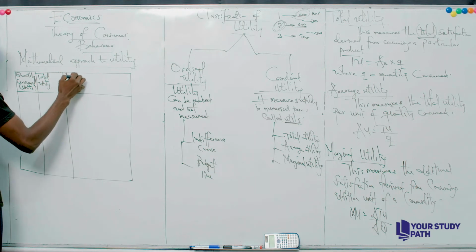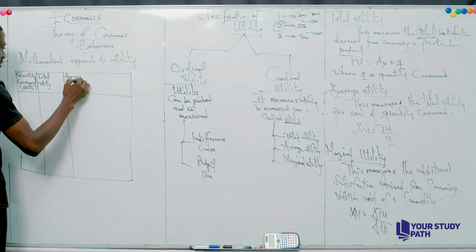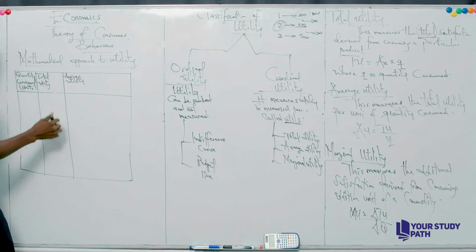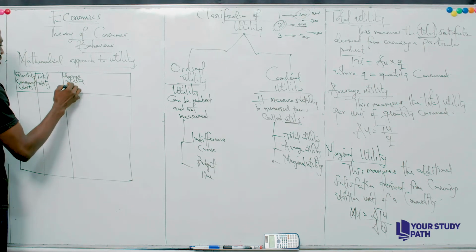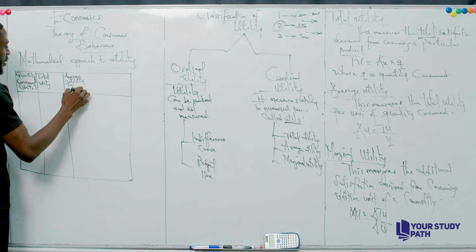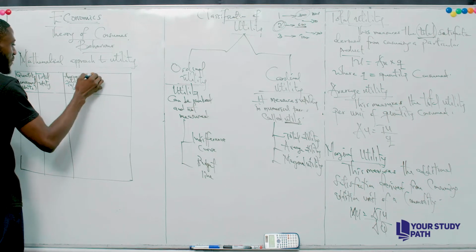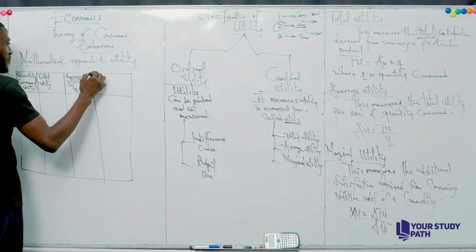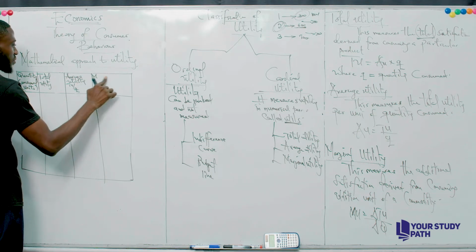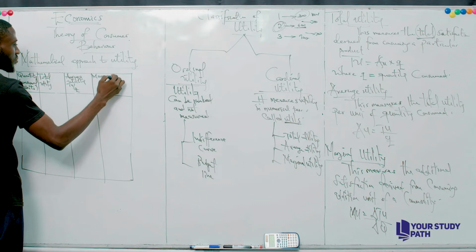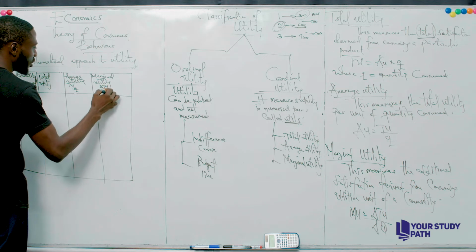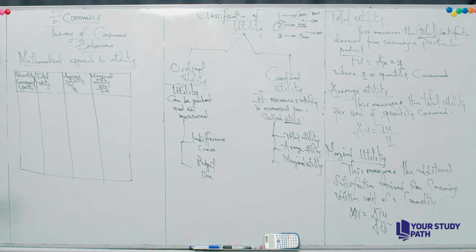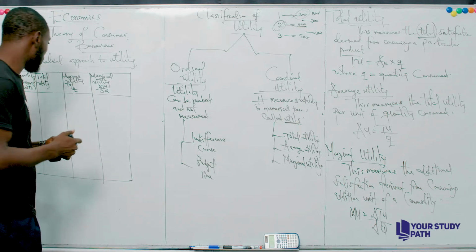Average utility: my average utility, which is AU, the formula is TU divided by quantity consumed. Then my marginal utility is change in TU divided by change in quantity. So when solving, we can know how we arrived at the figures. All right.